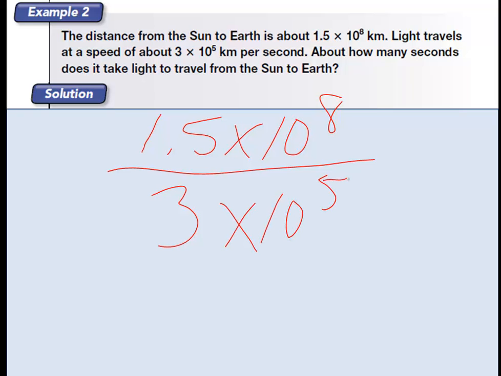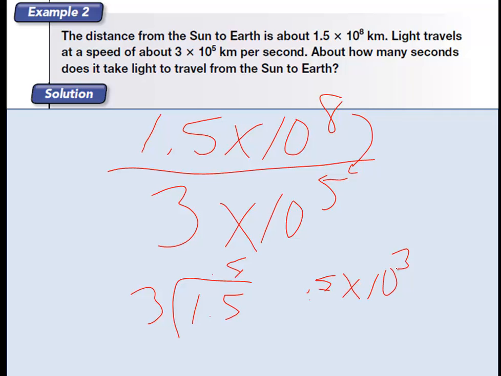First, we divide 1.5 by 3, and we get 0.5. So we have 0.5 times 10, and then we take 8 minus 5, so 10 to the 3rd. But we're not done yet, because we're not in scientific notation.